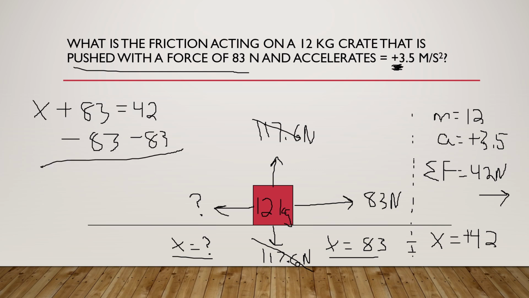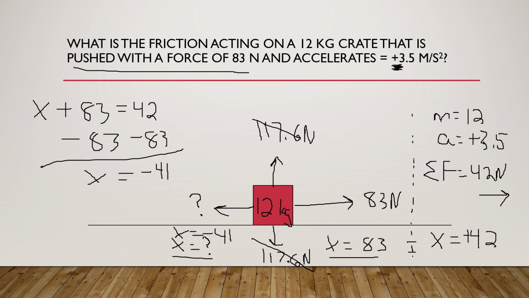And what is 42 minus 83? Negative 41 is the x. Okay, so that means that the friction, this x, is negative 41.